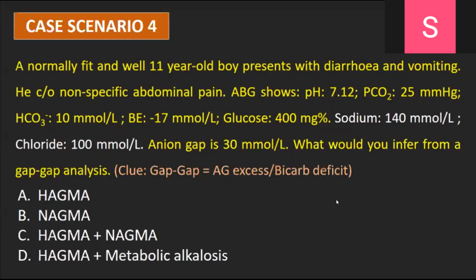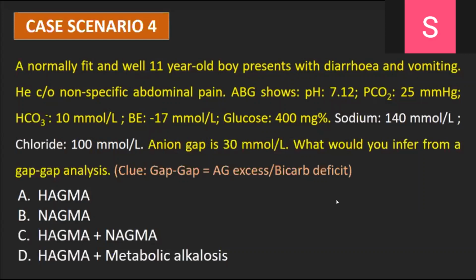All right, ma'am. So in the gap analysis, anion gap excess is the observed anion gap, 30, minus the normal anion gap, about 12, divided by the bicarb deficit, or the delta bicarb. So normal bicarb is 24 minus the observed bicarb of 10.